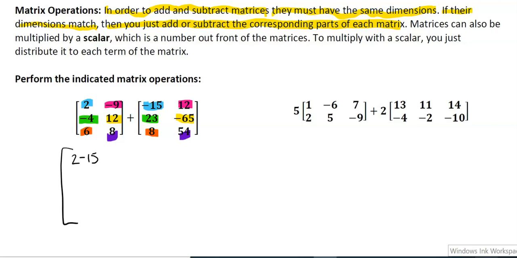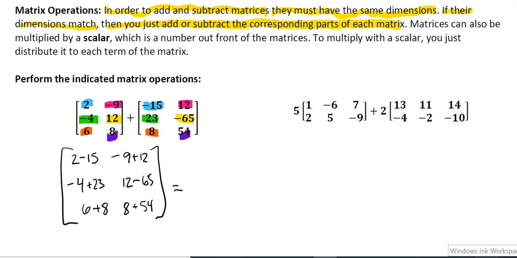So in each of these different parts, we could say that the result here is negative 9 plus 12, negative 4 plus 23, 12 minus 65, 6 plus 8, and 8 plus 54.